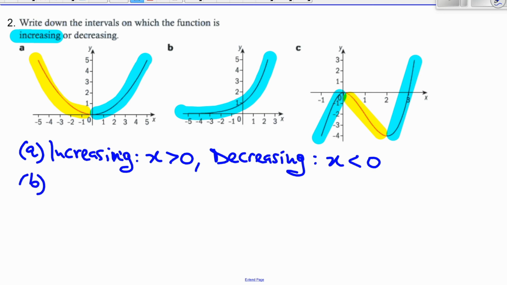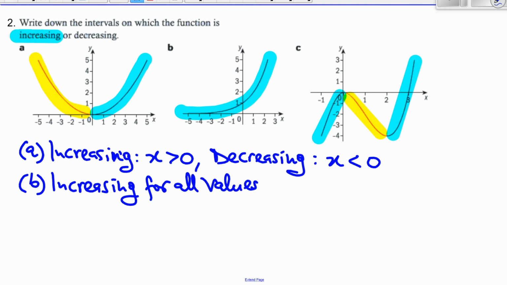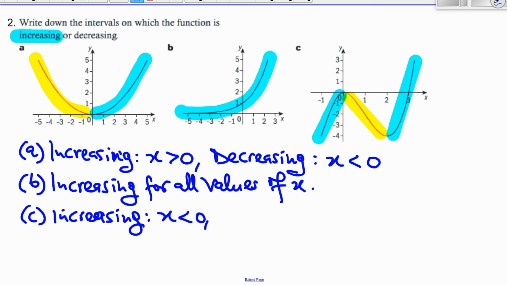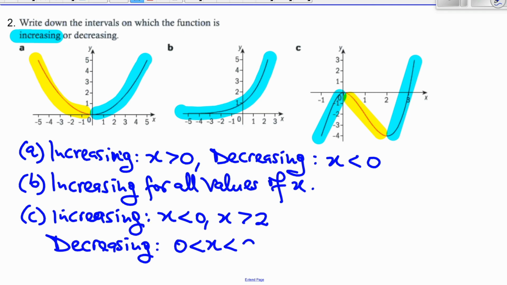For B, increasing for all values of x. C, increasing when x is less than 0 and when x is greater than 2. Decreasing when x is between 0 and 2.